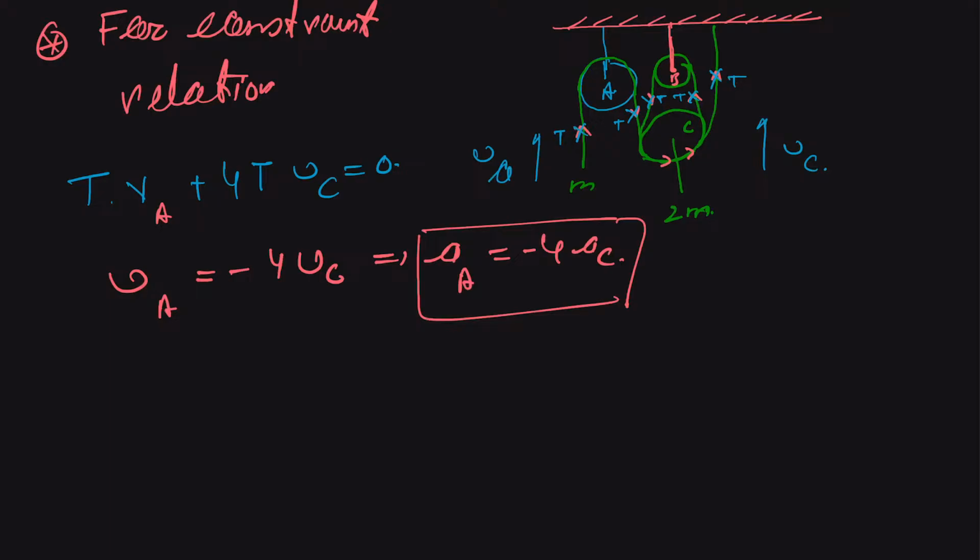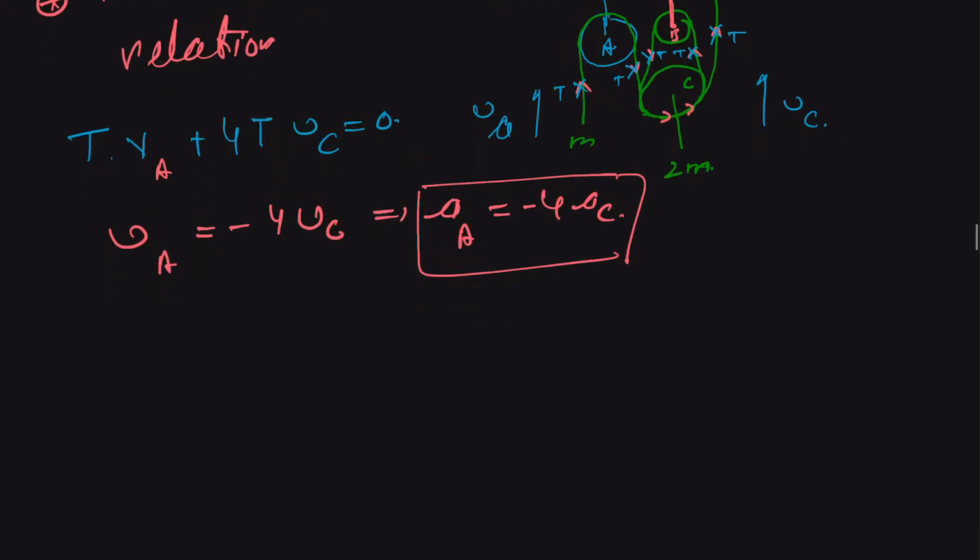Okay, and so for now we can just segregate for individual masses.